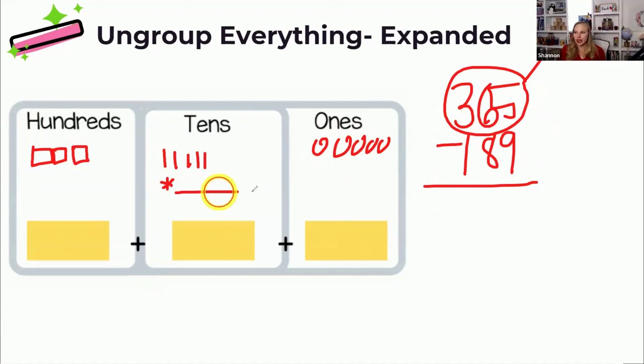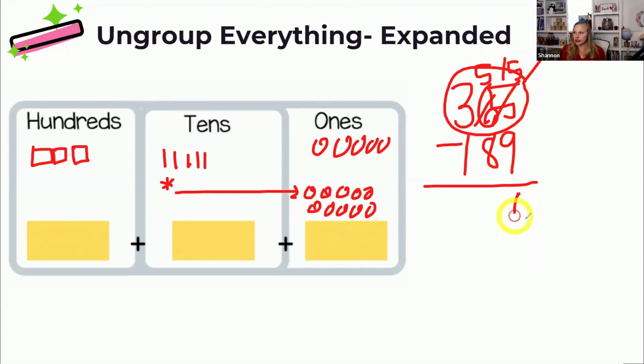I ungrouped a 10, and now I got 10 ones. Okay, so now I can say I ungrouped a 10, which now I only have 5 tens, and now I have 15 ones, and 15 minus 9 equals 6. Take away my 9. Let's see if it's true. 5, 6. So now I'm going step by step. I ungroup it, I subtract it. I ungroup it, I subtract it.